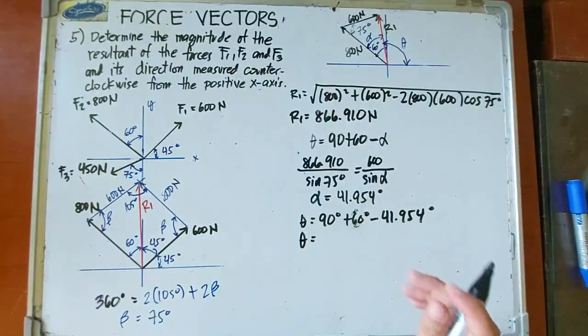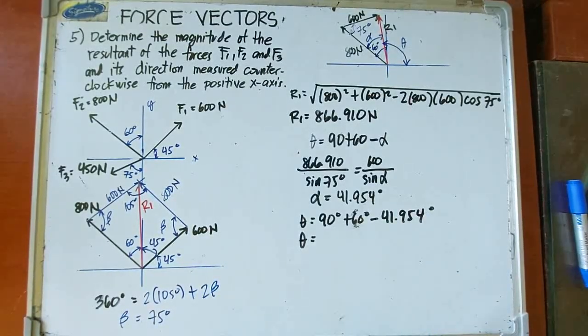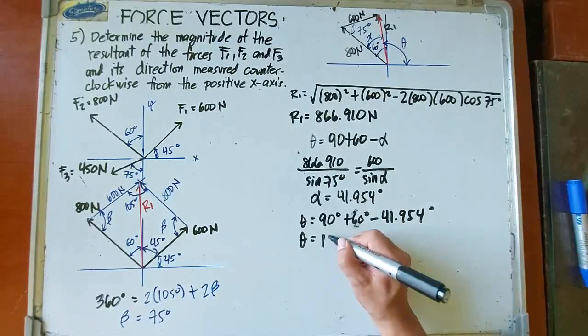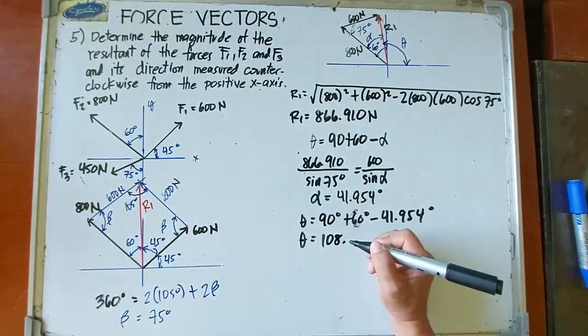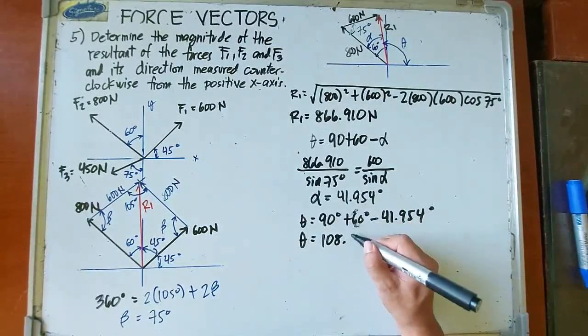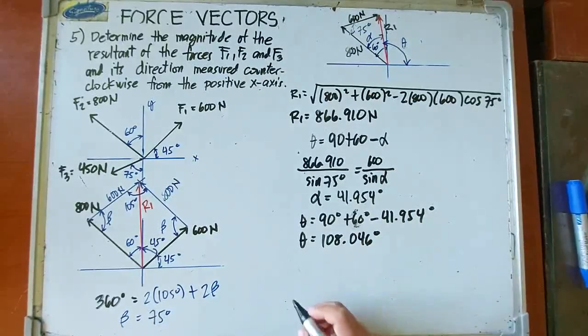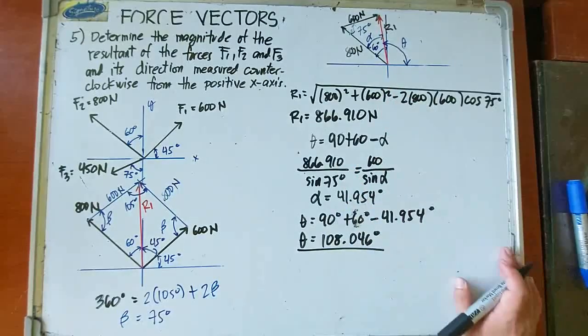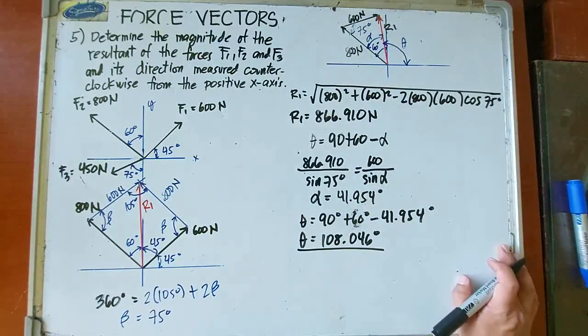The angle theta, the direction of R1 from the positive x-axis, is equal to 108.046 degrees. So that is the direction of R1 from the positive x-axis.